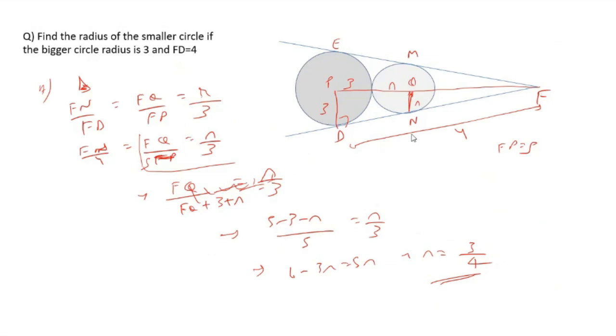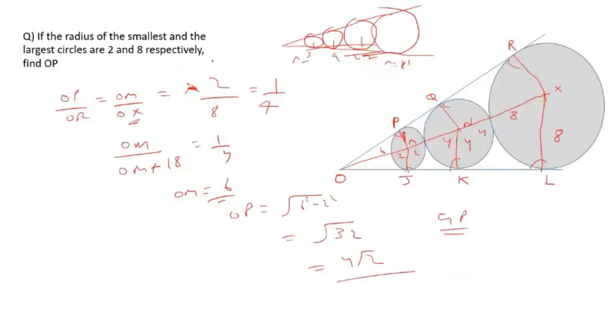Family of circles question, again, similarity should be the first thing you go to if sides are the variables basically. And here, once you have those relations, you can use the fact that some distances are known, not given in the question, but can be figured out from the diagram. So if the radius is given, then you know that this is 2, this is 4, this is 4, this is 8.